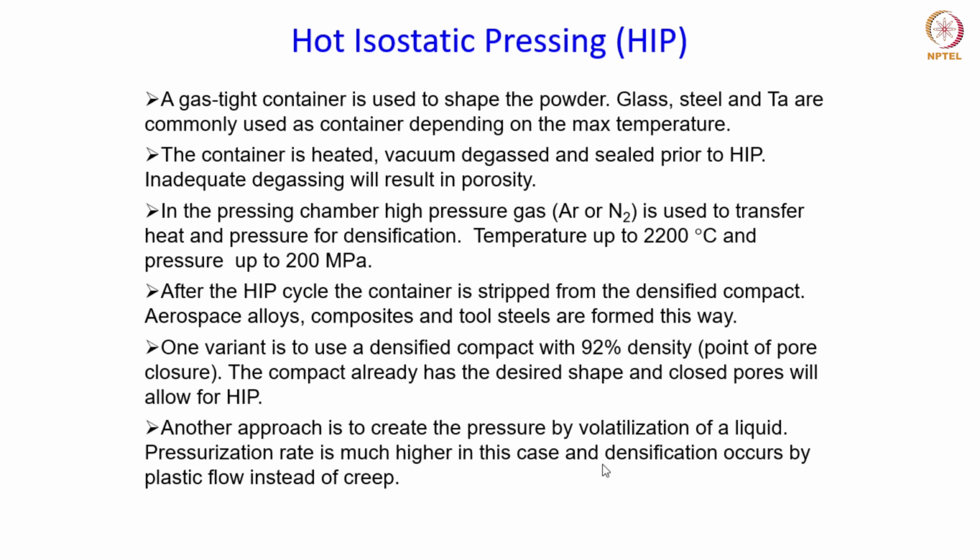In another approach, the pressure can also be applied by volatilization of a liquid, which leads to a higher pressurization rate, and the densification in that case occurs by plastic flow instead of creep.